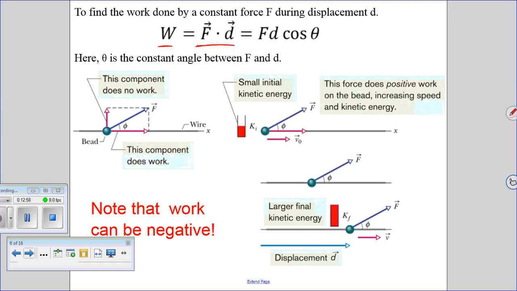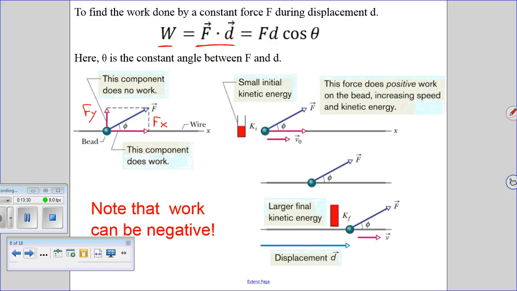In this example, we've got this little block. They call it a bead, whatever. We've got this object that can move horizontally along this little wire here, so all of our motion is going to be on the x-axis. Then you've got this force that's being exerted at this angle. You can take that force that they've called F and resolve it into two components, an x component and a y component. That one force F is equivalent to these two forces, Fx and Fy.